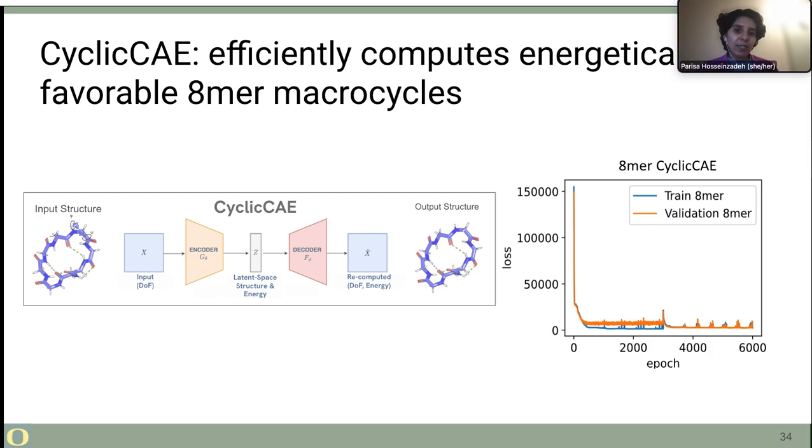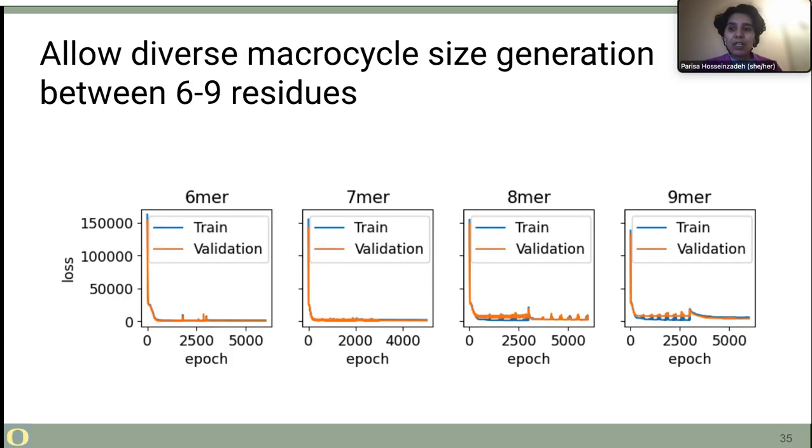An ideal CyclicK loss curve, which you can also see here, shows a smooth, steadily decreasing training loss, that is shown here. And it actually is true for 6-mer, 7-mer, and 9-mer, and we're on the way to trying to do 10 to 15-mer, so stay tuned.